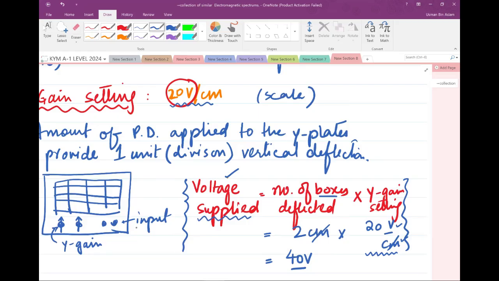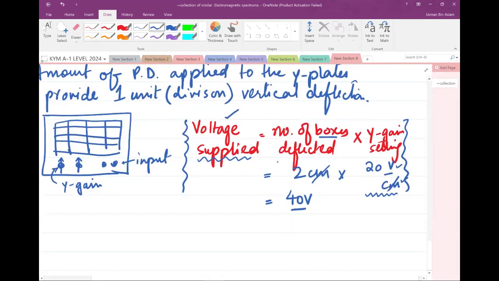That means one box would represent a voltage of 80 divided by 2, which is 40. So if the beam was deflected two boxes upwards and it was given in the question that the total voltage was 80, and they ask you to find out the Y gain setting, that is how you'll be able to find it out.